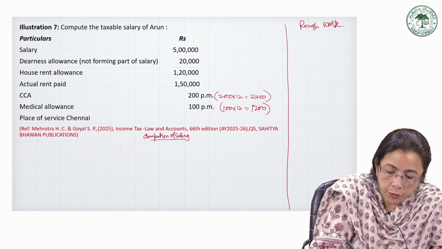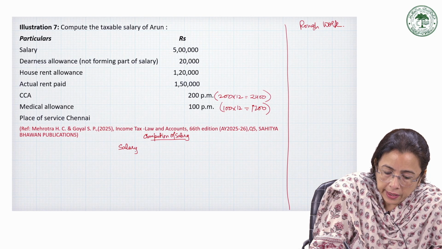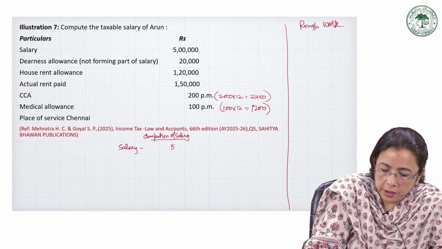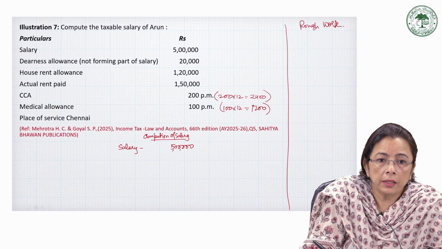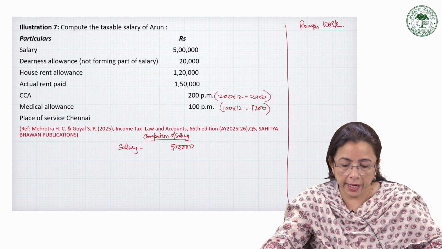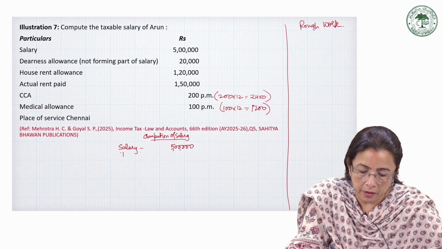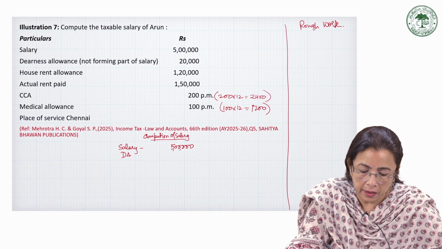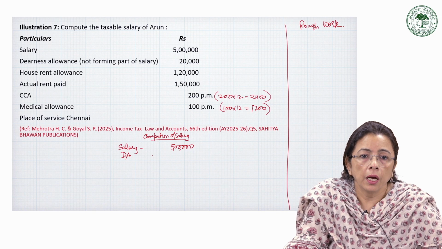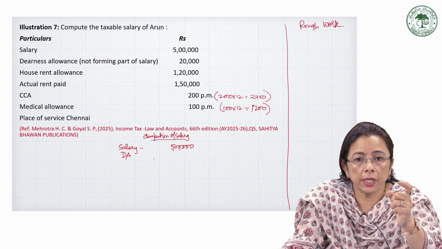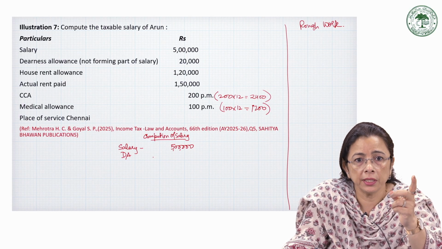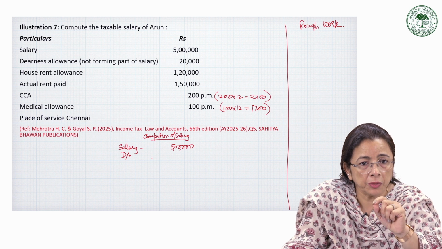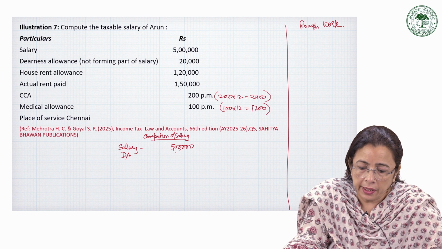The first point in the question is salary, rupees 5 lakh. Then we have the DA, that is dearness allowance. Though it is said not to form a part of the salary, that means we won't use it for some other component's calculation, but as a part of taxable salary, yes, this amount will be taxed.